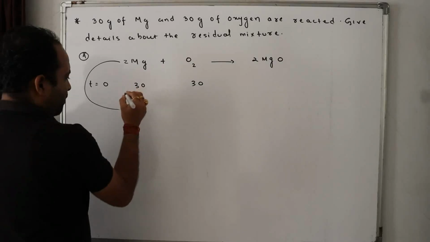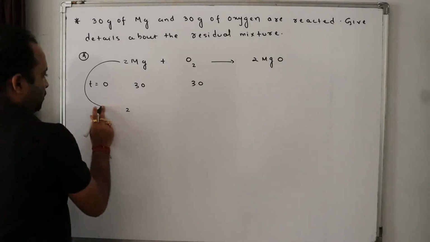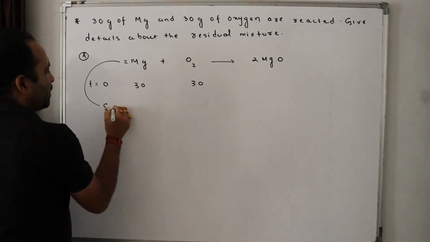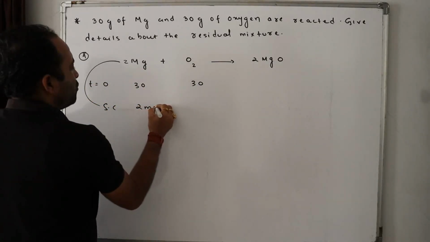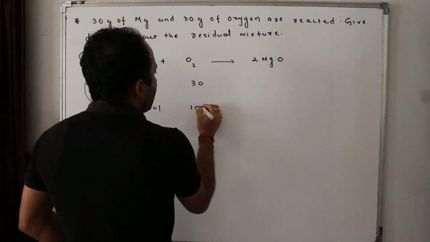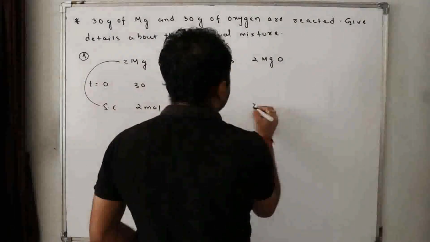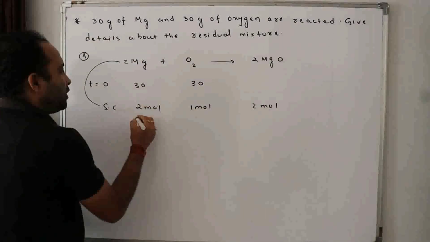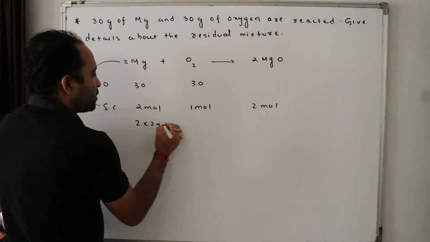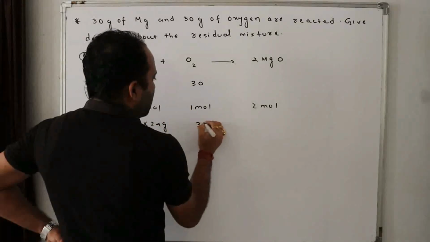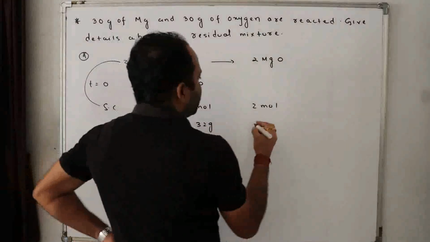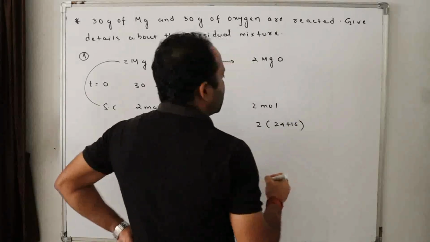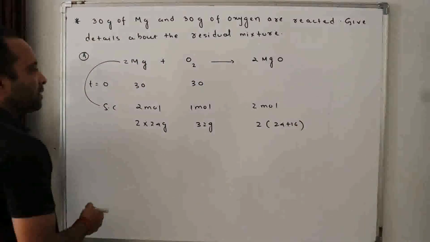Normally what is the case here? 2 moles of magnesium, or I can say stoichiometric coefficient, 2 moles require 1 mole and give 2 mole, isn't it? Now if I calculate the mass here, 2 into 24 grams require 32 grams and give 2 into 24 plus 16, 40 into 2, 80 grams, isn't it?